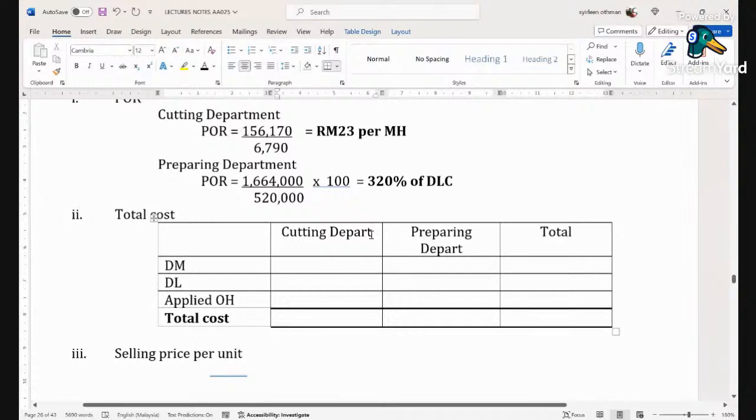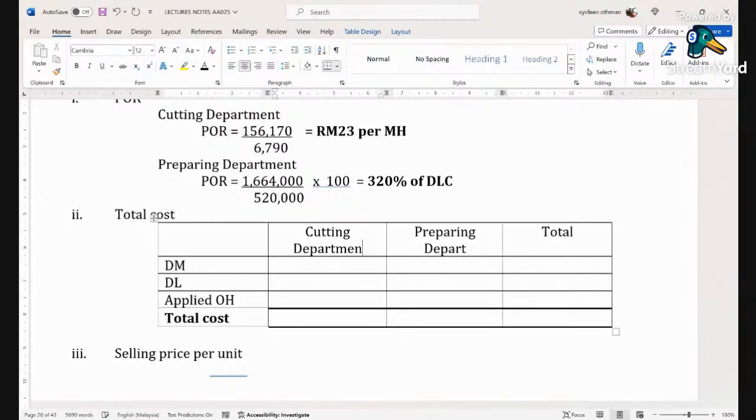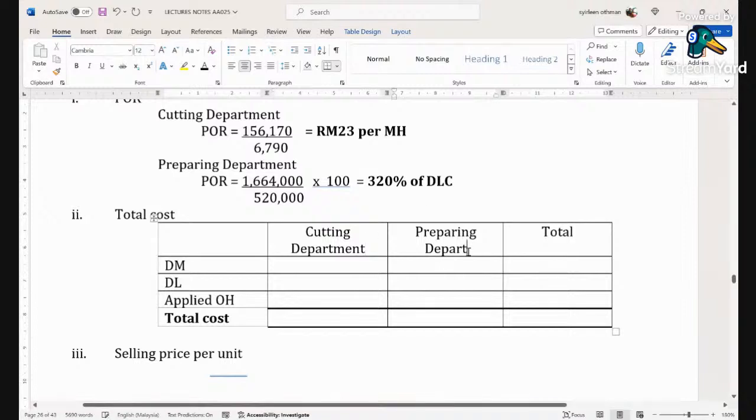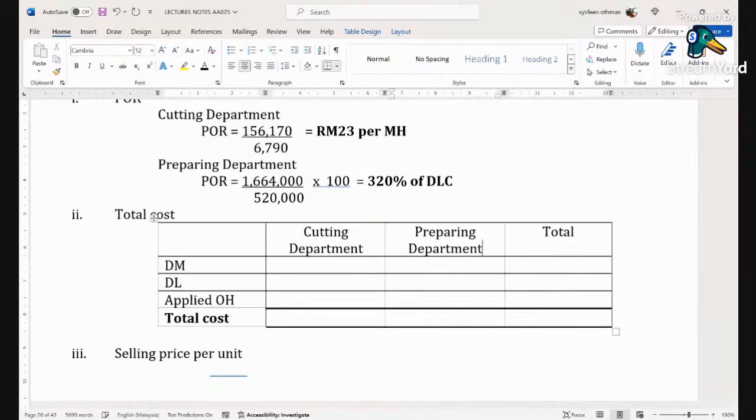Okay, alright. Make sure you write in full, ya. Okay. Jangan ada short forms. Okay. Yang ni saya yang short form sendiri. Okay. Kalau you tengok dalam soalan, okay, tidak ada work in process. Okay.